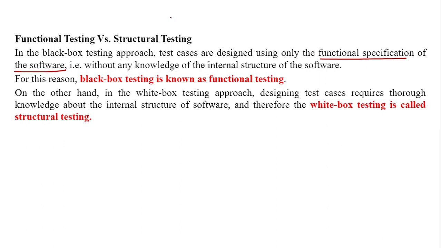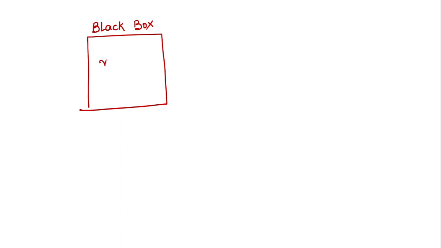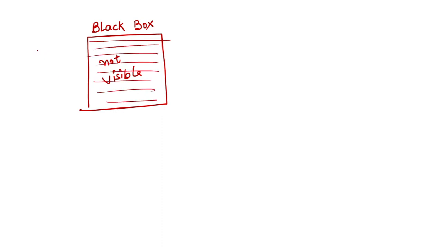Okay? I told you that in black box we don't have any knowledge. If we talk about black box, I told you that this is not visible to the tester. In black box, this is completely black, meaning we don't know what is here. We only know that this is a calculator. This is what we know, that this is a calculator and when I give it 4, if I ask it to perform square it will give me 16.